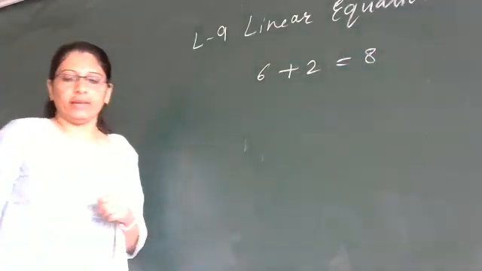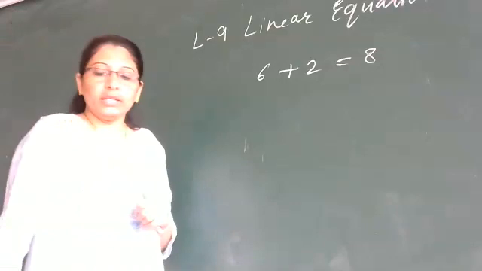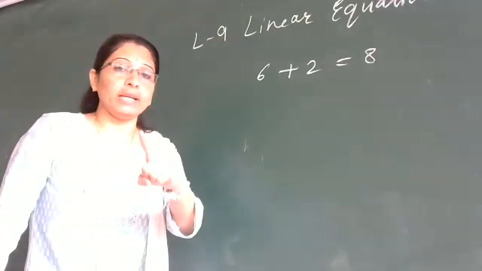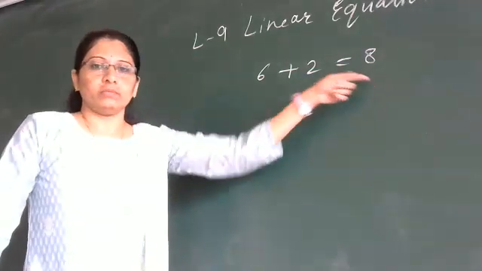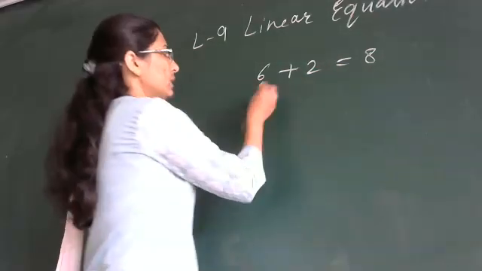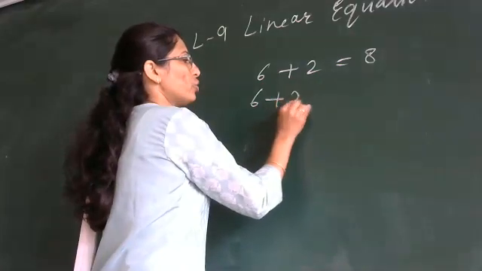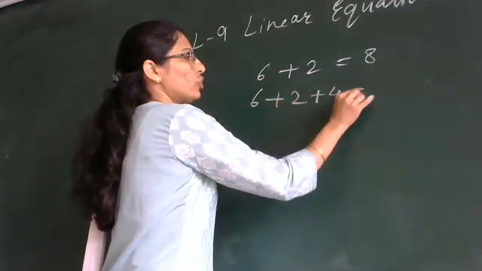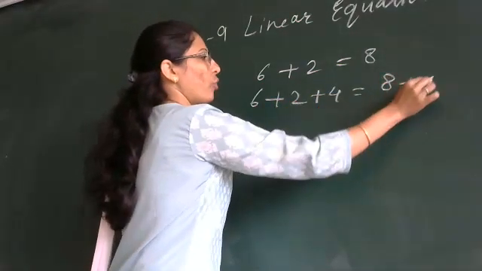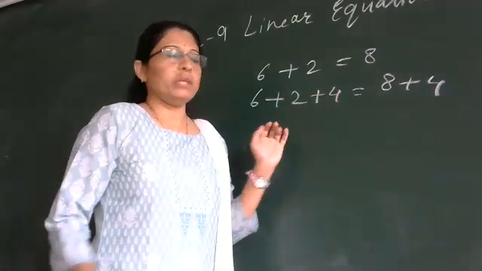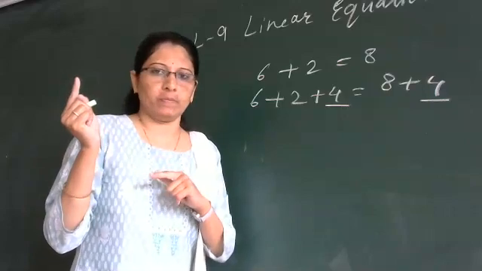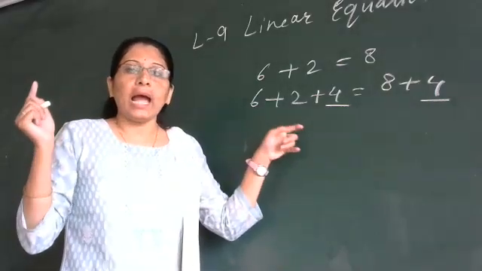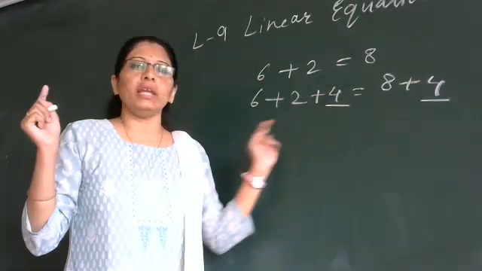This is an equation. Here the first rule is that we can add any same number. So 6 plus 2 plus 4, and on this side we also add 4. If we add the same number on both sides, that keeps the equation equal.